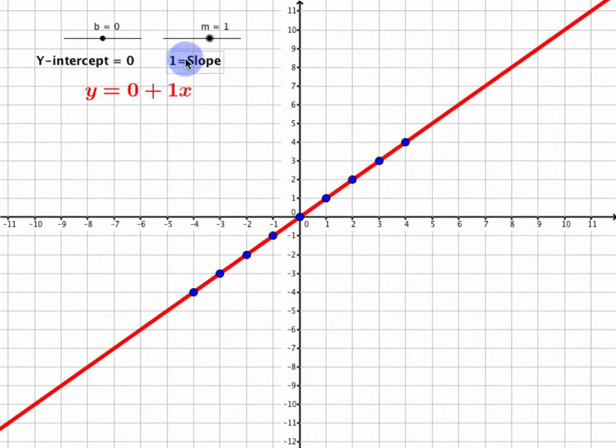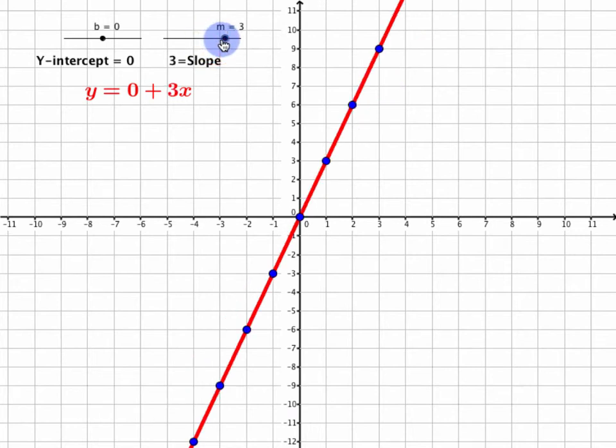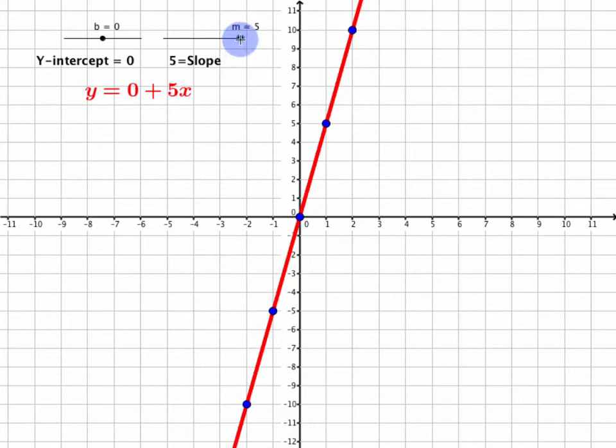Now if we change the slope to 2, you can see how that changes the graph. Every 1 unit we go to the right, we go up 2 units. We change the slope to 3, you can see how that changes the graph. If we change the slope to 4, you can see how it changes the graph, and of course 5. Now we have the same y-intercept, but for every 1 unit we go to the right, we now go up 5 units.